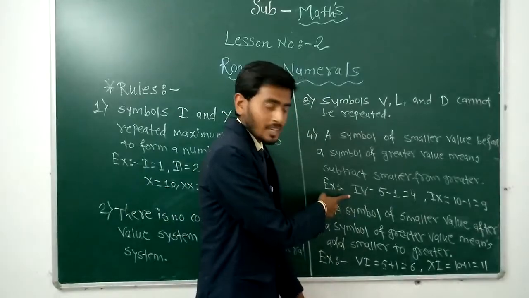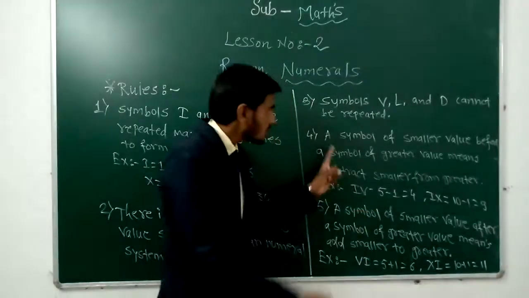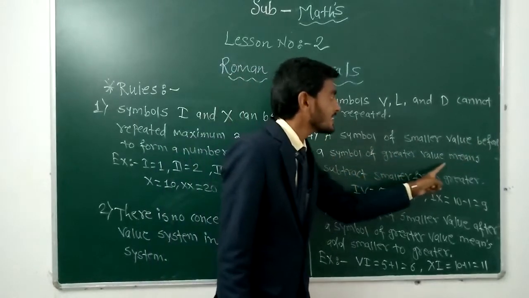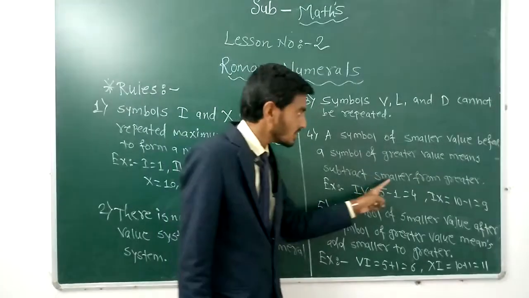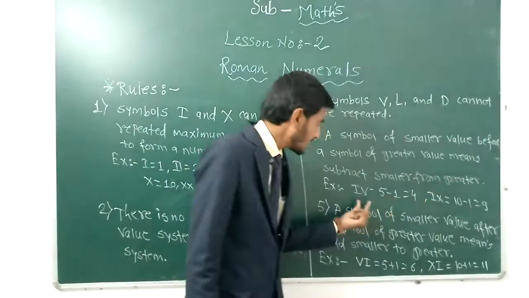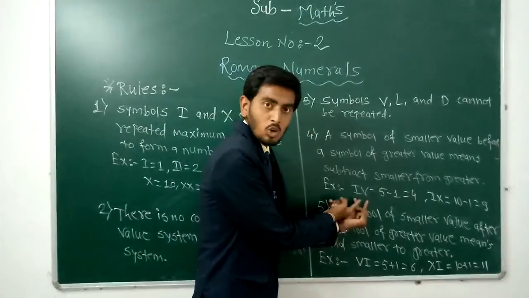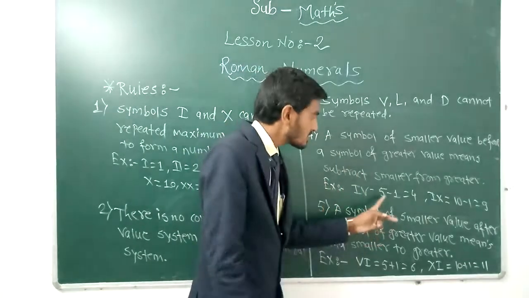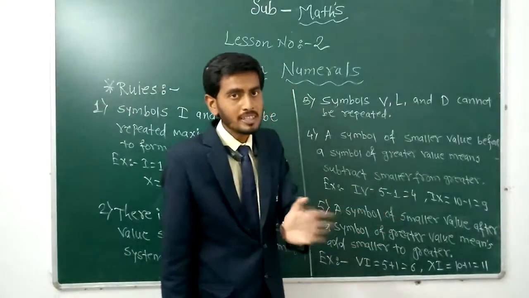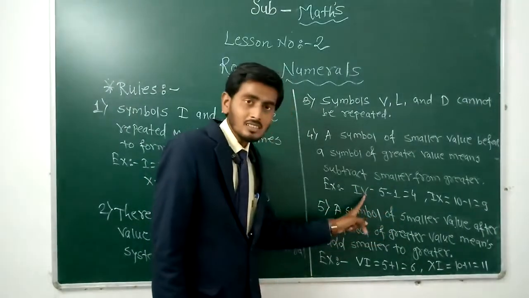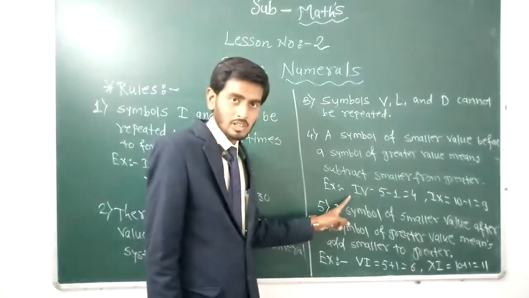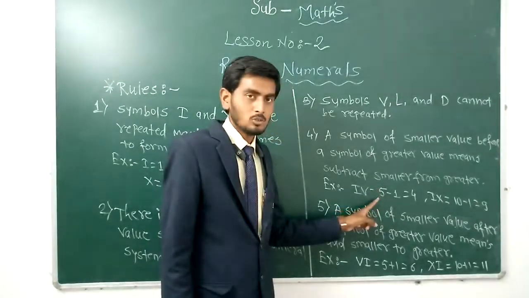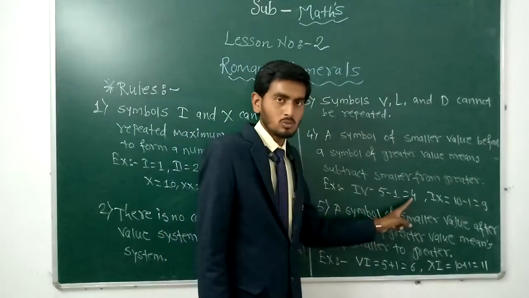I is smaller and V is greater, so we subtract the smaller value from the greater value: 5 minus 1 is equal to 4.